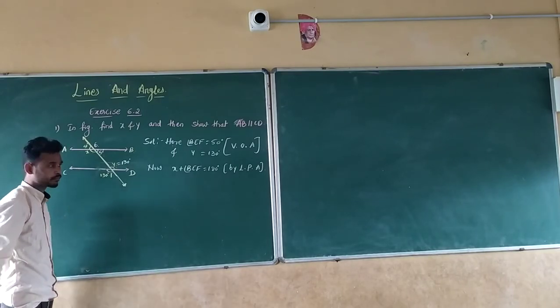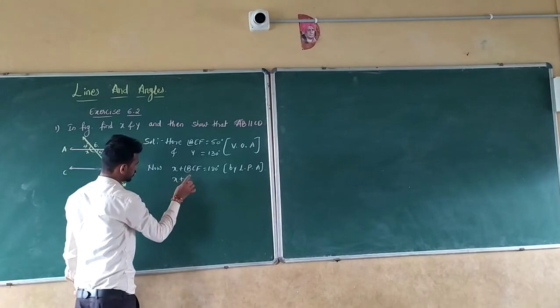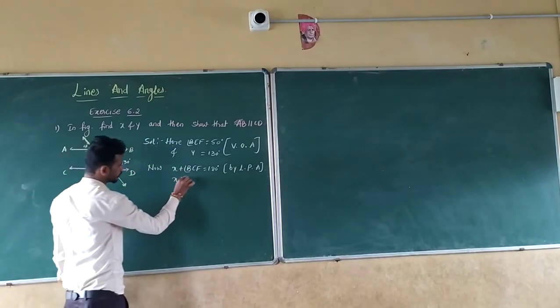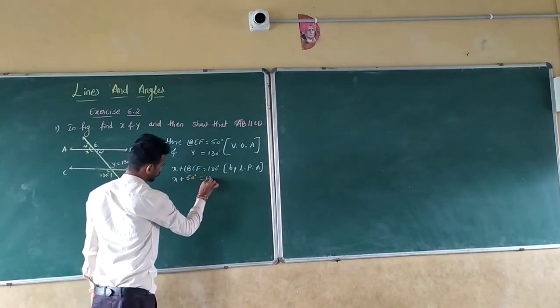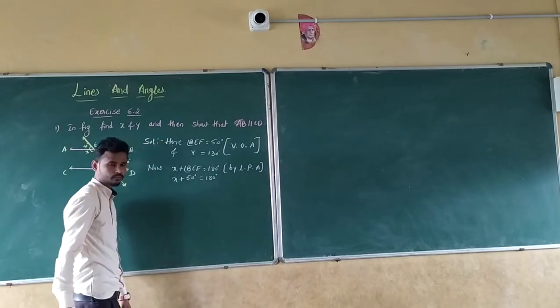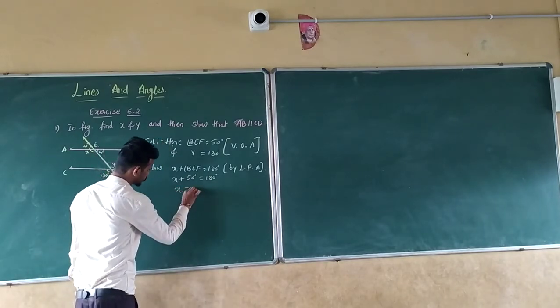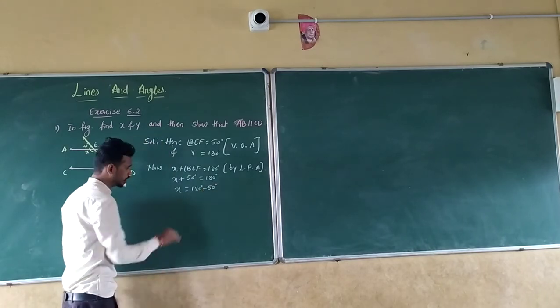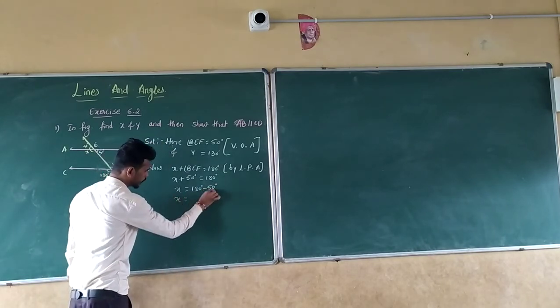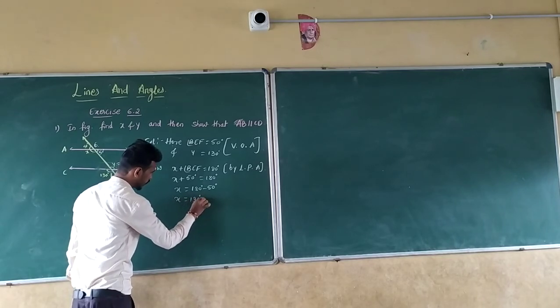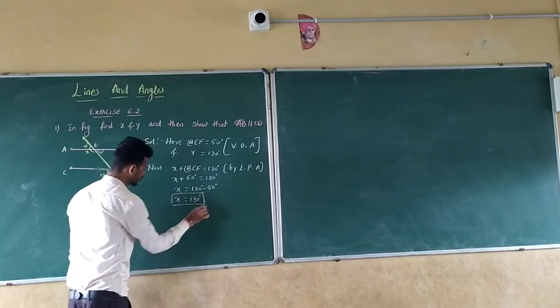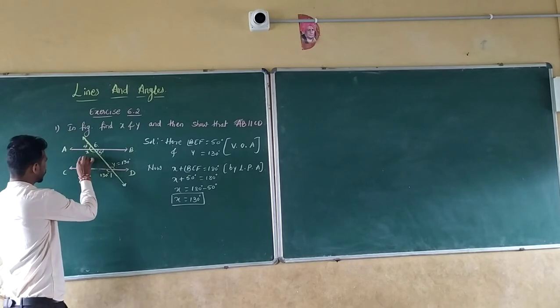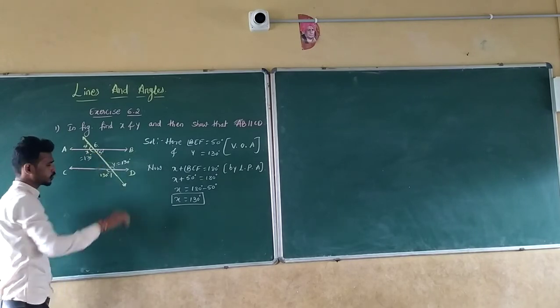Linear pair. So x plus angle BEF, how much is there? 50 degrees, which is equal to 180 degrees. So x is equal to 180 degrees minus 50 degrees. So x is equal to 180 minus 50, 130 degrees. So x is also 130 degrees and y is also 130 degrees.